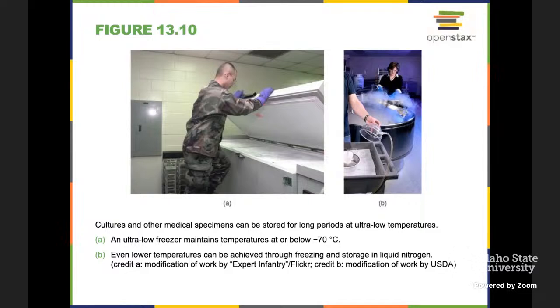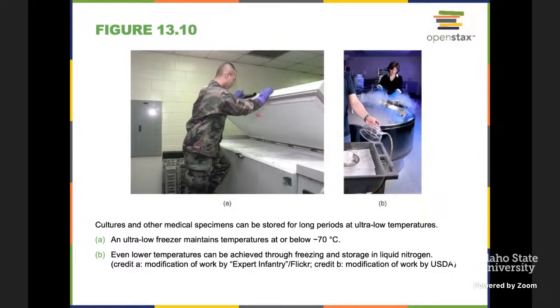Oftentimes we think about refrigerating food to keep it safe, to ensure that potential microbes aren't growing. That's usually a good practice, but there are some situations where some bacteria can still grow at refrigerator temperatures. Listeria is a good example of that.